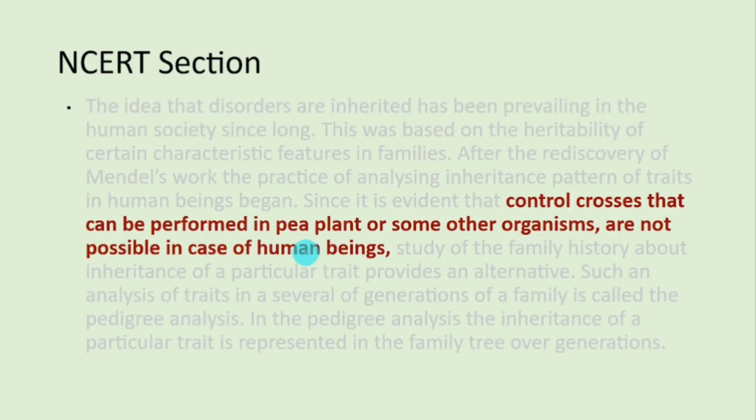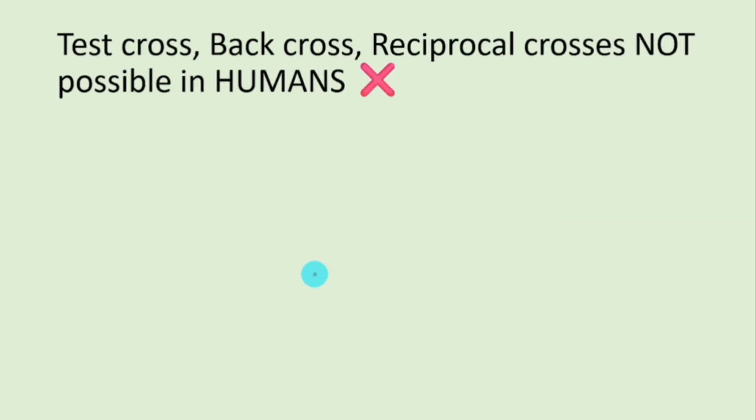So see, unlike pea plant and other organisms like Drosophila, rats and mice, controlled crosses are not possible in case of human beings. So you cannot perform a test cross or back cross or reciprocal crosses on human beings because of ethical, legal, social issues.